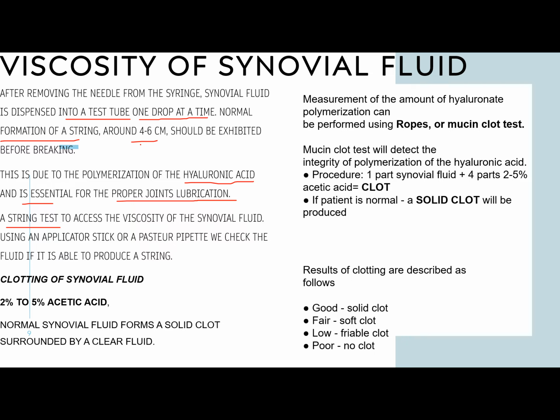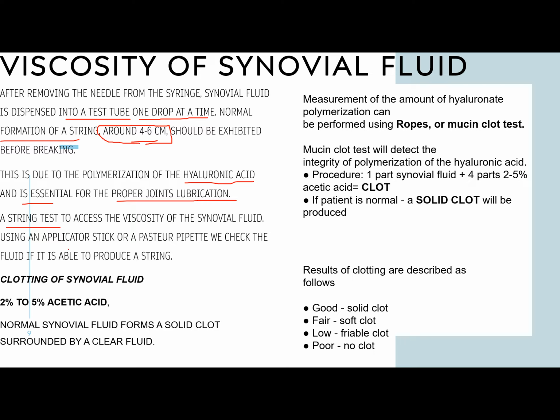The normal length of the string should be around 4 to 6 centimeters before it starts to break down or cut off. This is the reason why your synovial fluid is viscous: the polymerization of hyaluronic acid.